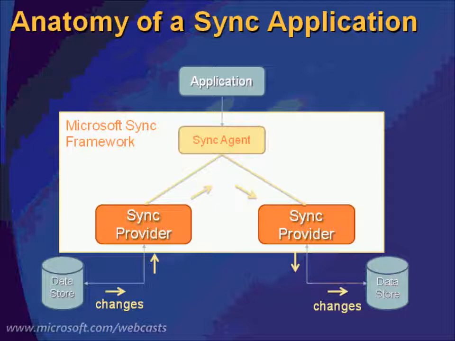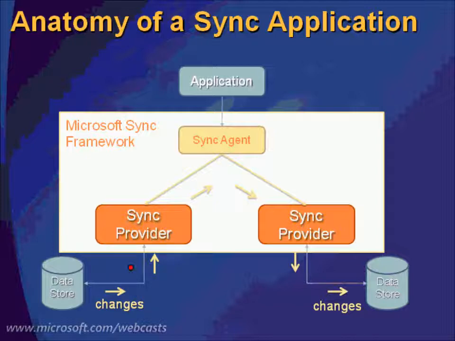Basically, the application instantiates the sync agent from either managed or native code, depending on how you're going to write it. In order to expose our endpoints, pretend that the endpoints kind of live right around here.